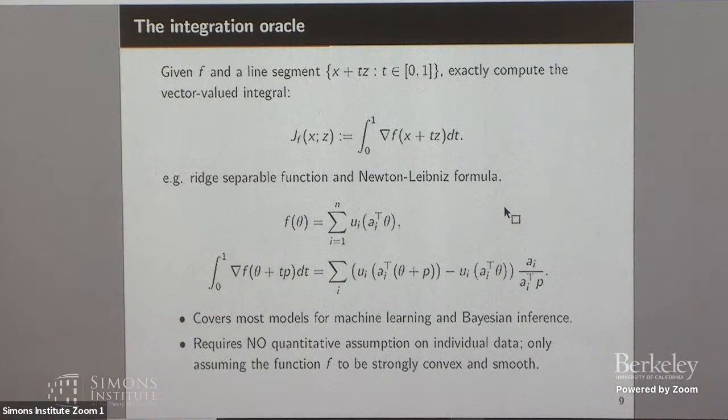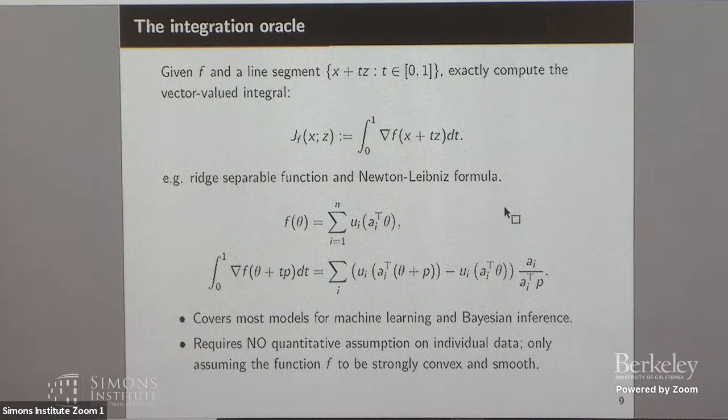Actually, I cannot think of a practical log-concave sampling problem that appears in Bayesian inference that does not satisfy this form. If your function is given in this form, then you are integrating a one-dimensional derivative, and you can solve the integration problem using the fundamental theorem of calculus. This is just a high school calculation problem and gives you this formula.